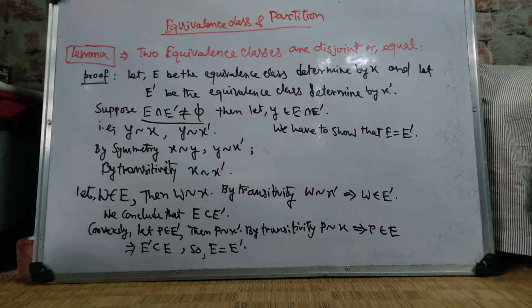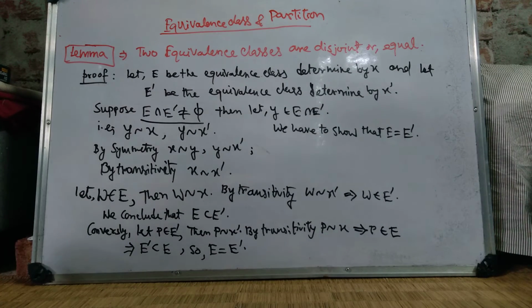Understand? Equivalence classes are those where one element is related to another element, forming subsets of the set. These equivalence classes are disjoint or equal: if E intersection E dash equals phi, then they are disjoint. So today we discussed that two equivalence classes are disjoint or equal.